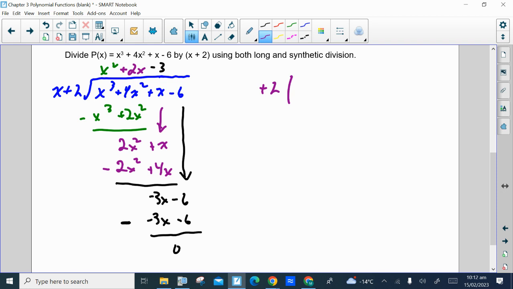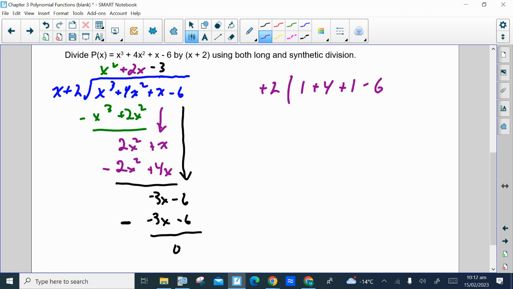But that's being divided into 1x cubed plus 4x squared plus 1x minus 6. It involves only the coefficients, none of the variables. So this is how you would set up that division using synthetic division.